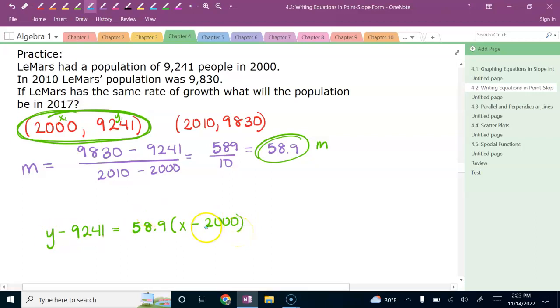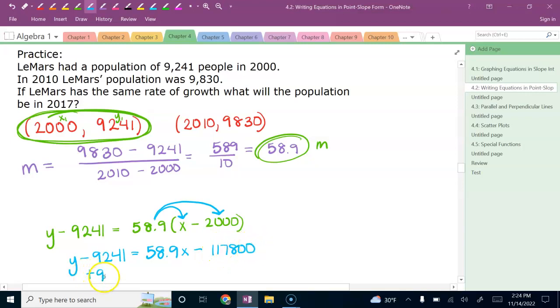Now that would be point-slope form, but they may want you to rewrite this in slope-intercept form just so that we can use it as an equation to predict something that's going to come in the future. So I start by distributing. So it says 58.9x, and then I got minus 117,800.